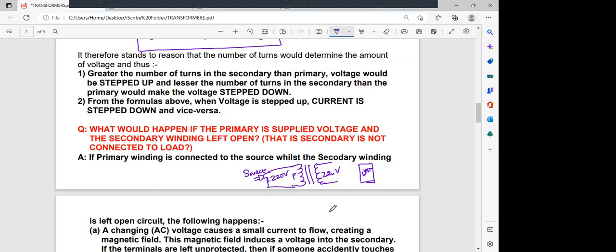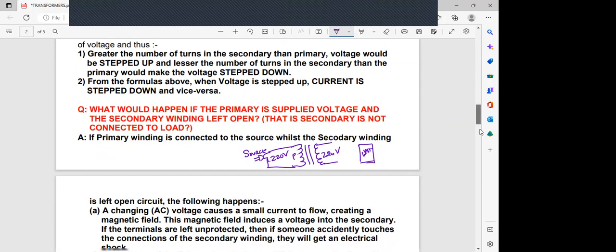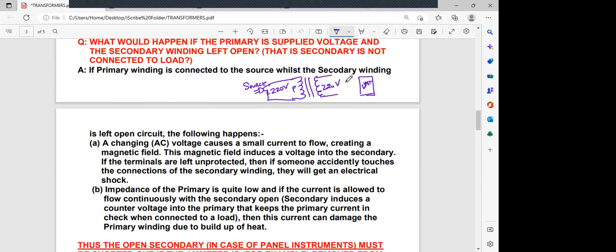That is one very dangerous thing that can happen. Another thing that can happen is this: when this was connected to the washing machine, there would have been a current flowing through the washing machine and through the secondary windings. When a current flows through the secondary, remember, every current carrying conductor has its own electromagnetic field.